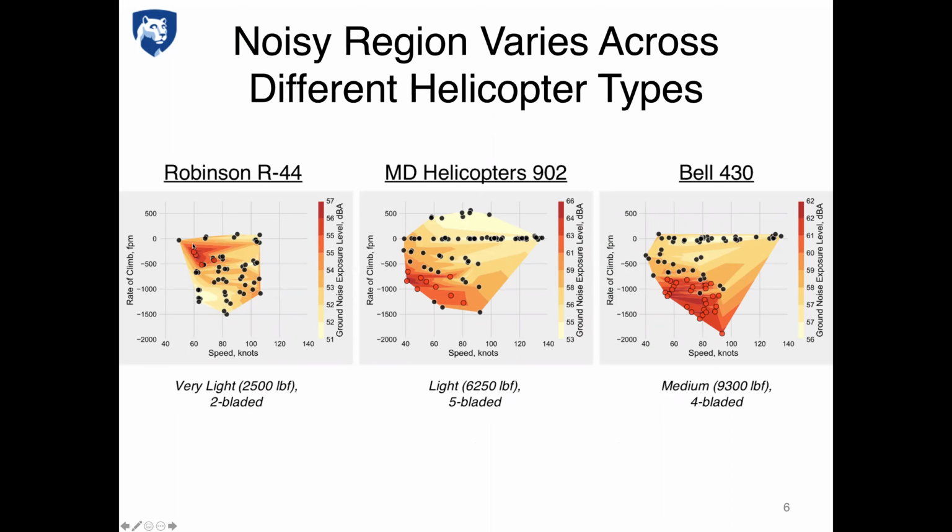For the R44, that noisy region occurs at low speeds and relatively shallow sink rates, whereas for something like the Bell 430, we're at higher speeds and higher sink rates. And this is all a function of the vehicle's weight, drag, size, and parameters like that.